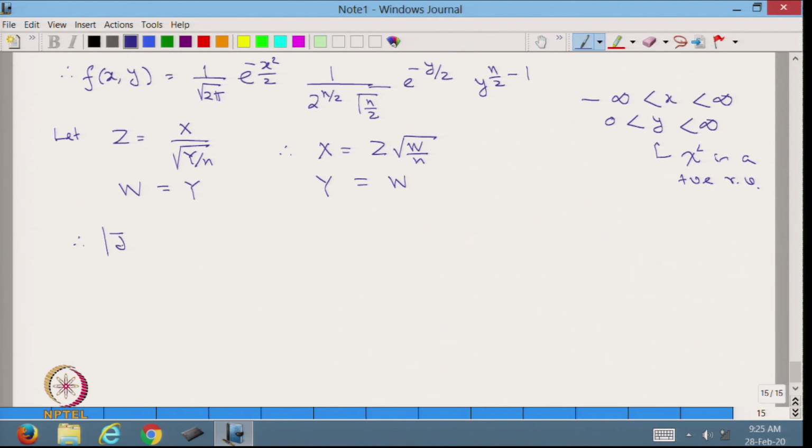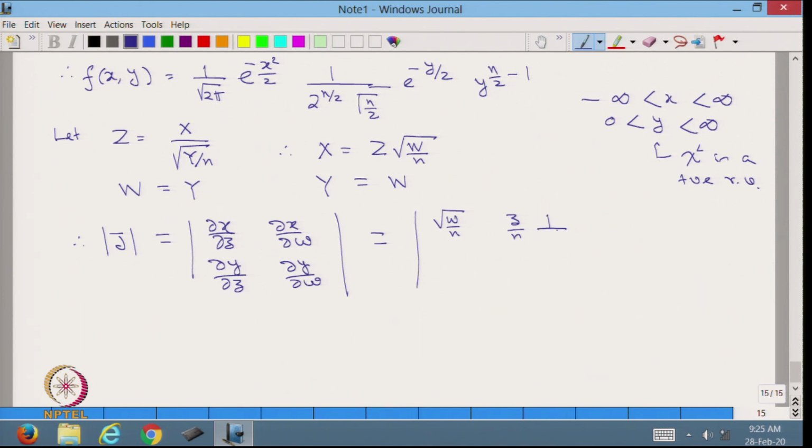Therefore, the Jacobian is equal to the determinant of del x del z, del x del w, del y del z, del y del w, which is root over w by n, z by 2 root over n w to the power minus half, 0 and 1, is equal to root over w by n.